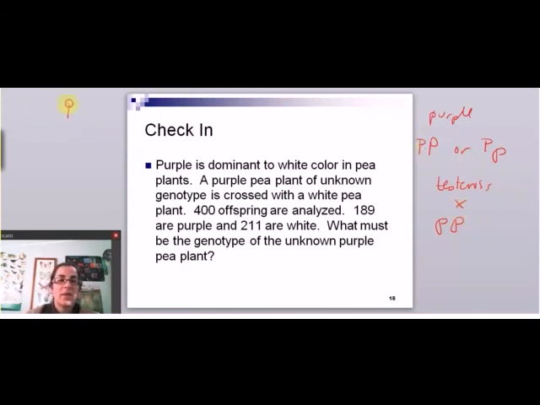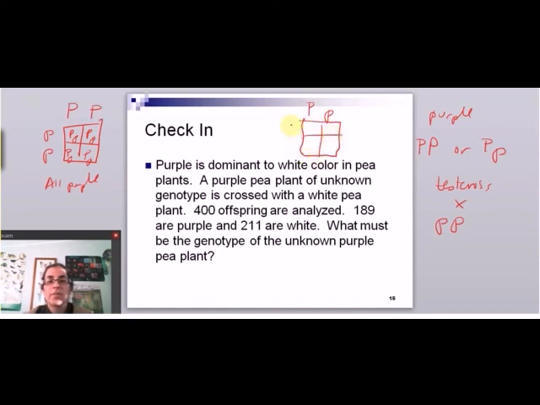If it's big P big P, carry out that Punnett square, and I cross with the homozygous recessive, then I will get all purple offspring. If it's a heterozygote, so again making a little mini Punnett square here, and I do a test cross, then I will get 1-to-1 purple to white.